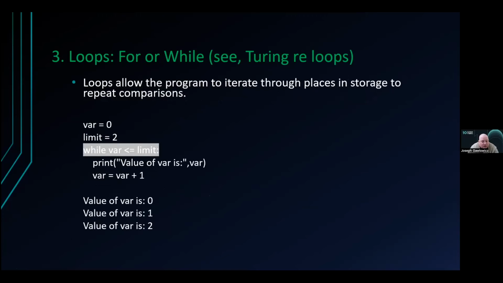We're not building Google here, but all these things are what you build upon in order to create the next great app. So while var is less than or equal to limit, print the value of var is var. And you can see my mouse cursor, that's what I'm reading here. So the print function has a string inside that's static, but the variable number changes. And the variable number starts at 0.